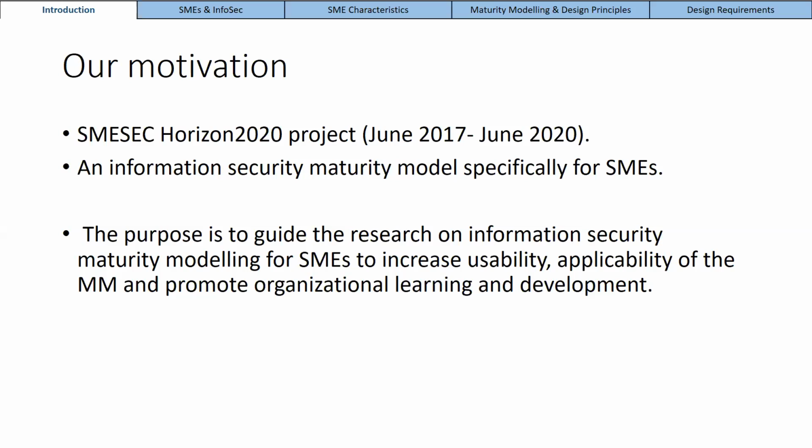In this project, we have been working on developing a cybersecurity maturity model specifically for SMEs. So the purpose of this paper is to guide research on information security maturity modeling for SMEs to increase usability and applicability of the maturity models and promote organizational learning and development.